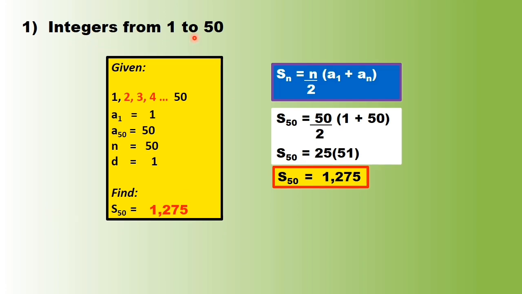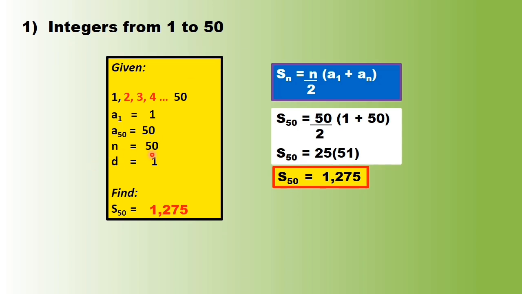Integers from 1 to 50. So, analyze natin yung mga given datas. So, first and last term mo ay given. So, ito yung a1, which is 1, and last term is 50. So, a sub 50 is 50. Number of terms from 1 to 50, number of terms mo ay 50.